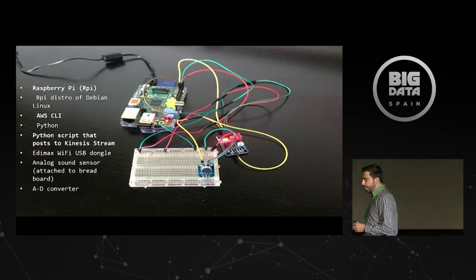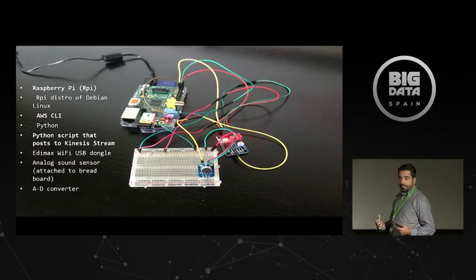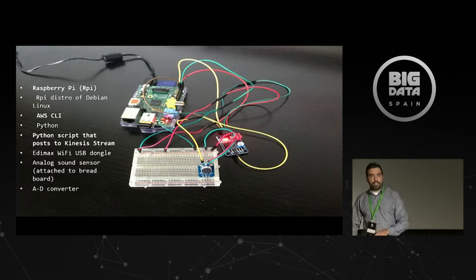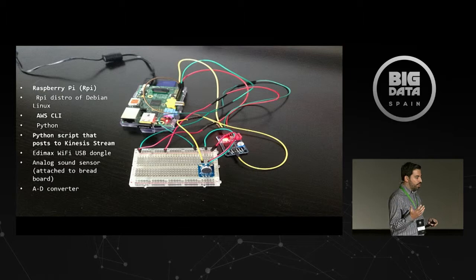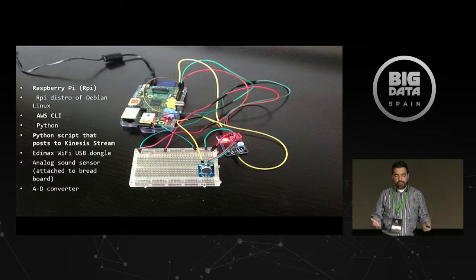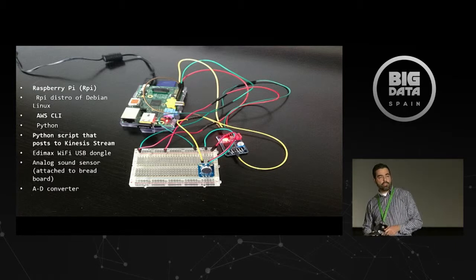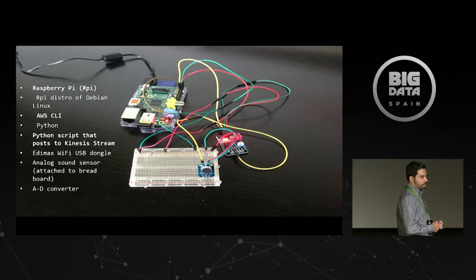And you can use an application that will collect data and store it on Kinesis. This is interesting when you have devices that are very constrained. They cannot use, for example, HTTPS to connect to Kinesis on their own. But in other cases, like the example here, you can have, for example, a Raspberry Pi running Python. This can run the command line tools of Amazon or a software written with the SDKs.